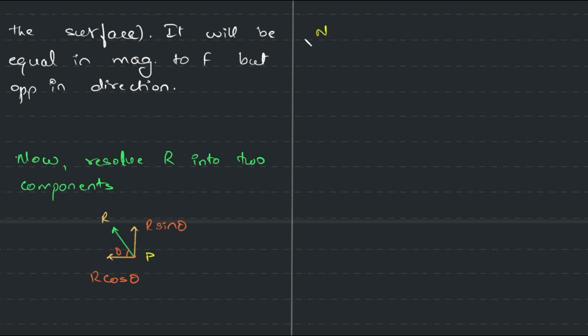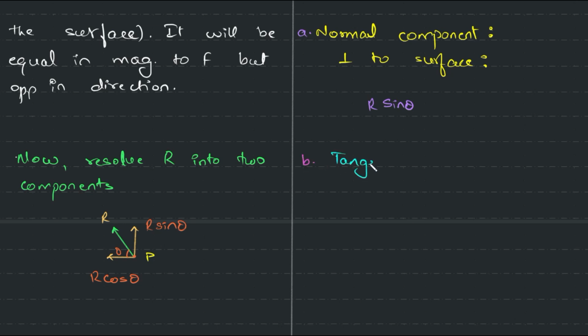So we have the normal component, that is perpendicular to the surface, which will be R sine theta, and we have the tangential component, that is parallel to the surface, that will be R cos theta.